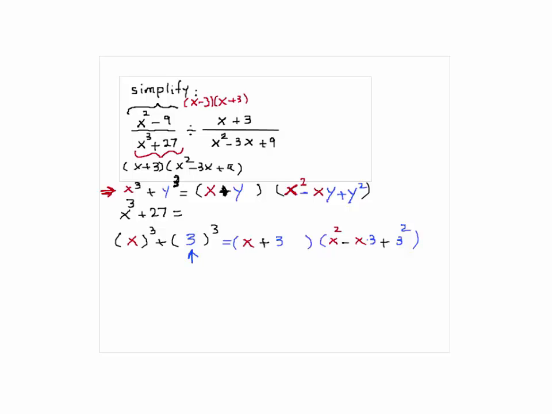And as you see, the second factor is never factorable. It's always prime. So this would be prime. And looks like we have part of that here. So this is obviously prime. It's not factorable. So now I have to change this division to multiplication.